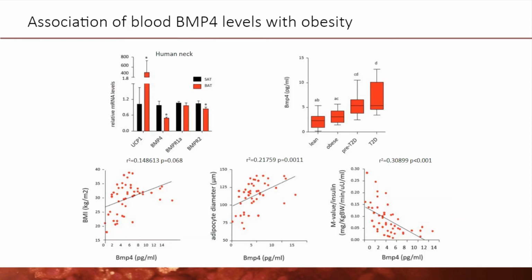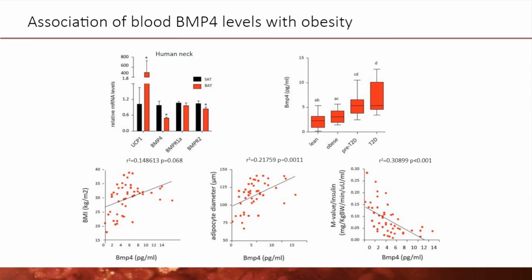Quite interestingly, and this is now a bit of human data, BMP4 can be measured in the blood. It's probably a rather paracrine factor, so we have to be very careful with putting too much emphasis on the blood data here. But if you look at BMP4 levels in a cohort of lean, obese, and diabetic people, you can see that the more BMP4 is present, the higher the chance for a person to be diabetic.